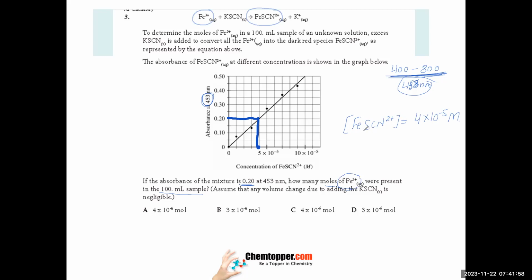You know that molarity is moles divided by volume in liters. So you can get the moles of FeHCN2+, which you can convert into moles of Fe3+. That should be the answer.